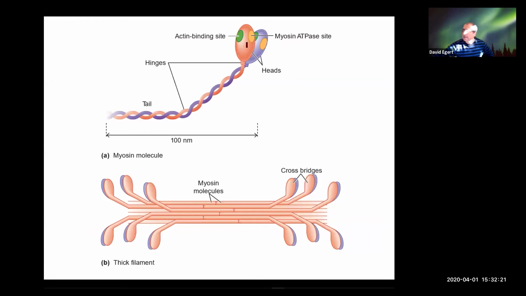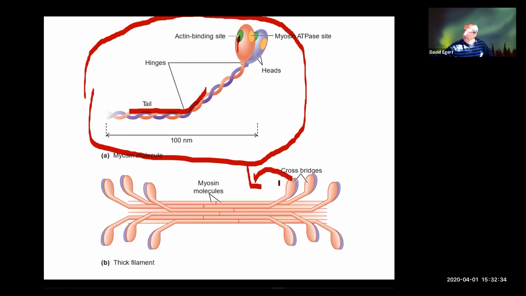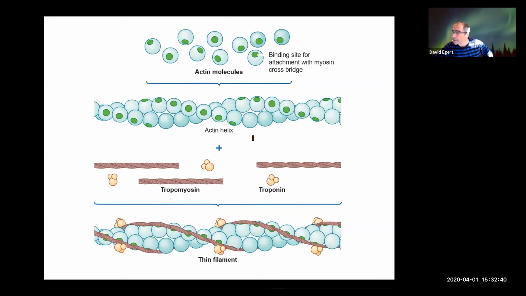Again, a single myosin has quaternary structure, these different subunits, and they have a tail and a head, and the head can be either cocked or it can spring when it binds onto the actin. This is showing just actin, even though it's a thin filament, it's actually made out of tiny little subunits.